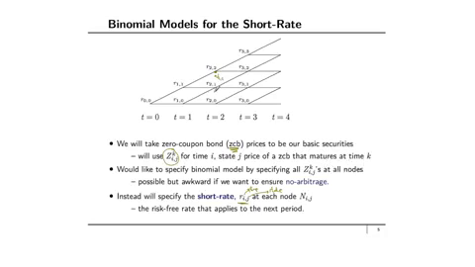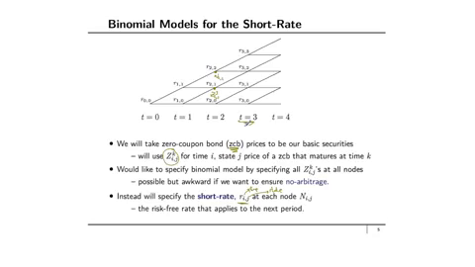So for example, if I'm at this point here, then this Z213 is the price at time 2, state 1 up here, of a zero coupon bond that matures at time 3, which is here.